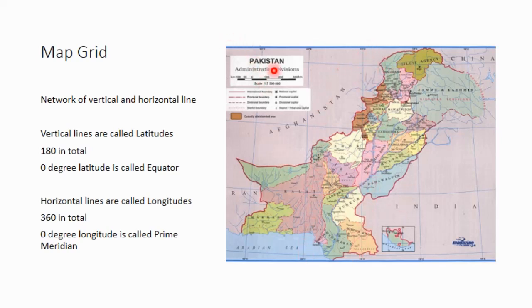So this network, which is a combination of vertical and horizontal lines, is called network grid, map grid. It facilitates us to locate any feature on the map. In simple words, to know the absolute location of any feature, any city, we use a map grid.